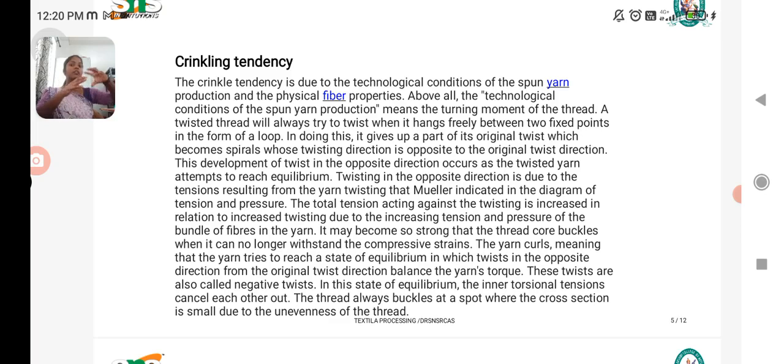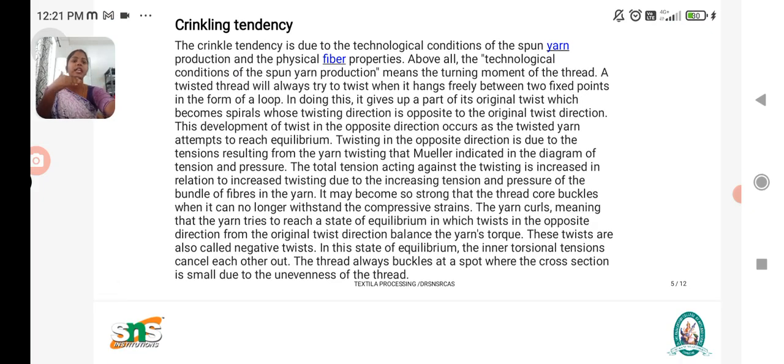A twisted thread will always try to untwist when it hangs freely between two fixed points. It loses part of its original twist, which becomes spirals whose twisting direction is opposite to the original twist direction.